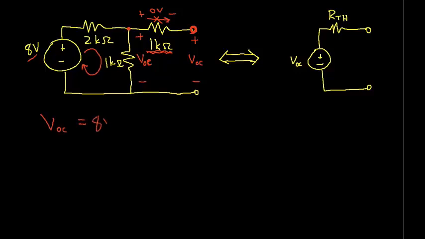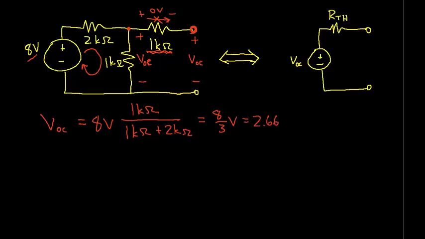So it's going to be 8 volts times 1 k ohm over 1 k ohm plus 2 k ohms, which turns out to be 8/3 volts, which if I wanted to write this in decimal form, is 2.667 volts. Have I got that right? Yeah, I think I've got that right. So we're halfway there in the sense that we now know what the open circuit voltage is.